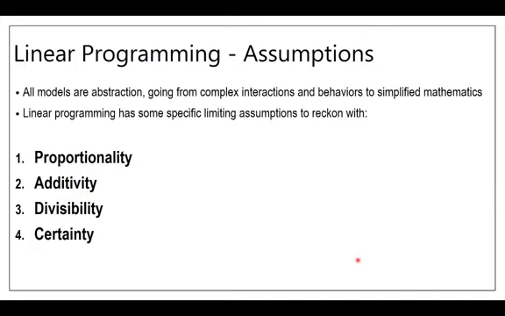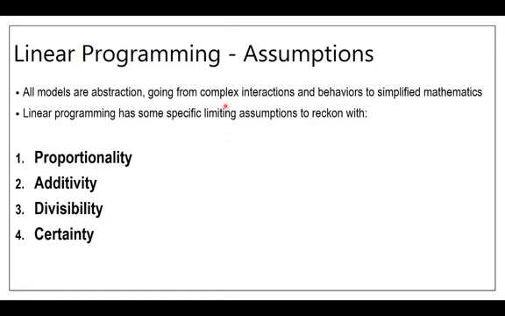Okay, and so our last piece of this, again, a reset lecture, or maybe you want to think of it as big picture, is what are the assumptions? When economists or a textbook author sits down and says there are some limiting assumptions to linear programming as a topic, you start from the idea these are abstractions.